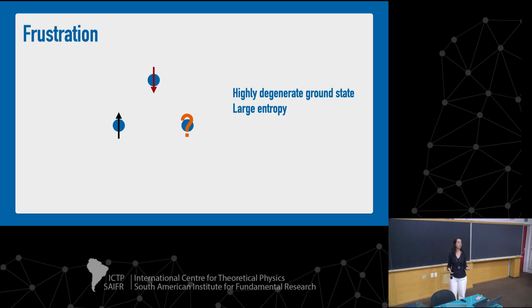This is what we call frustration. There is no way to satisfy all the relations at the same time. And this leads, as you can imagine, to a very degenerate ground state, because in a large lattice you can have many different options and large entropy, and a very different physics than in the square lattice.